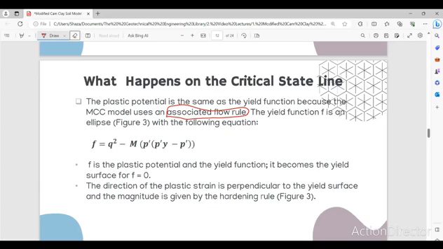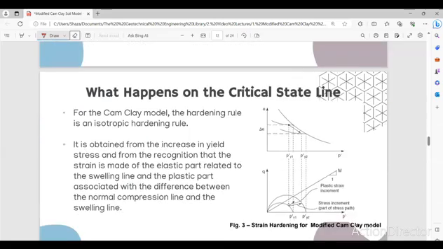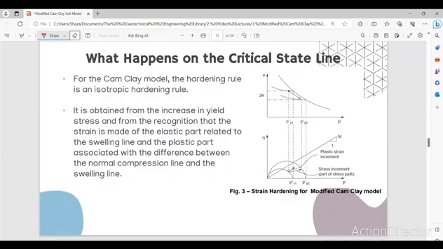As I said before, I will be discussing this later in an independent lecture: what do we mean by associated and non-associated flow rules? Concerning the yield function, it is an elliptical function, and it is calculated using this equation, which is a function of q, M and p'. The yield surface is calculated for F equals 0. And those are the strain hardening for the modified Cam-Clay model.